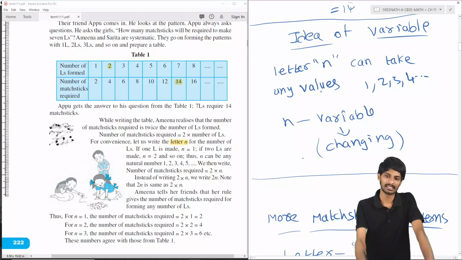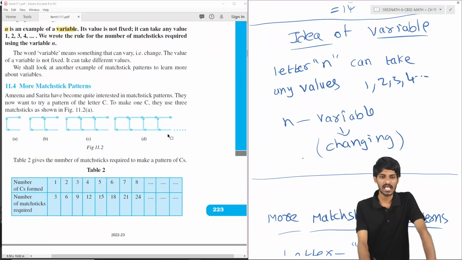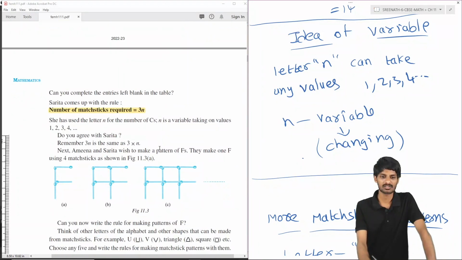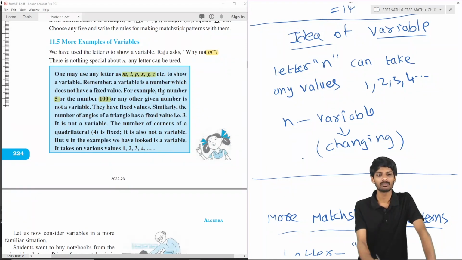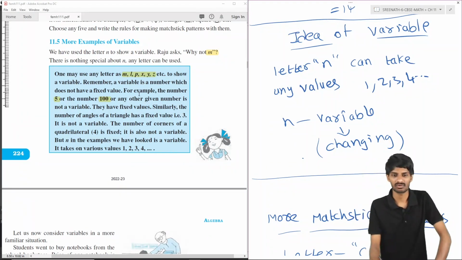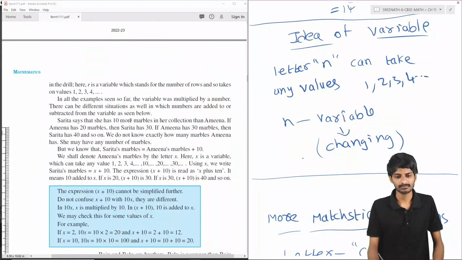Variables are represented by letters, and variables are numerical values whose values are not fixed, whose values are continuously changing. With matchstick patterns, we find some expressions, students. For a variable, we can take any letter, there is no problem in it.